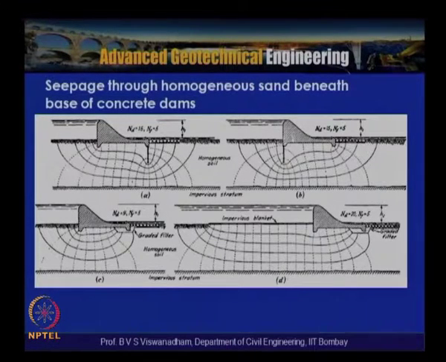For this case also, when you have a permeable sand layer or permeable soil layer beneath the concrete dam, this is how the flow net happens. Depending upon the configuration, head of the water, and high flood level requirements, one needs to have the parameters and perform the seepage analysis.